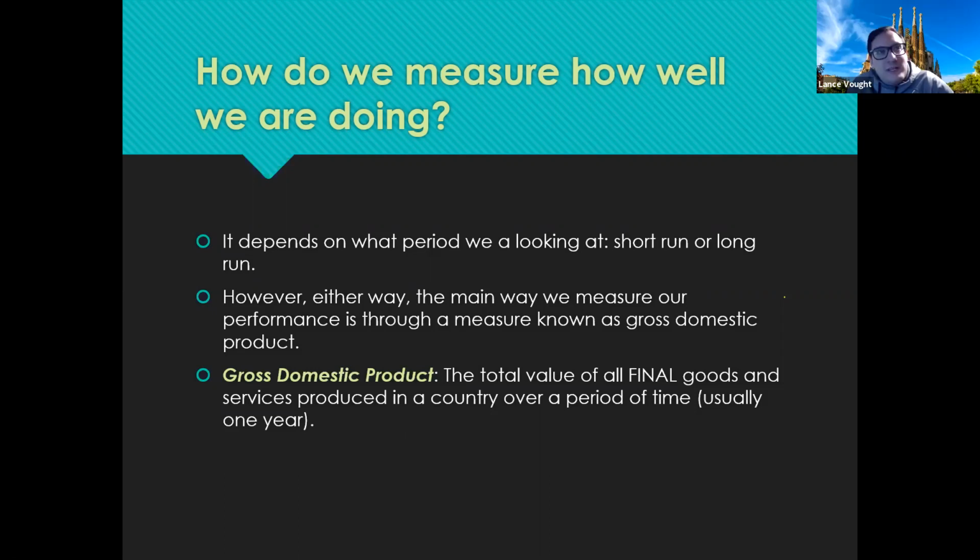But with that being said, the definition of GDP is going to be very technical and specific. So I'm going to break it down into 4 major parts, and hopefully knowing those 4 major parts within the definition will help you identify what does count and what does not count in GDP.